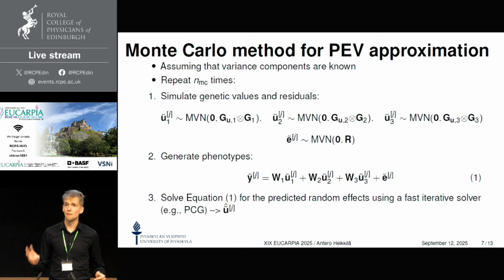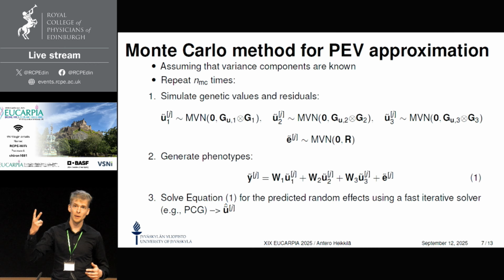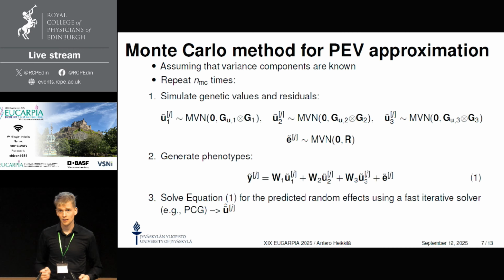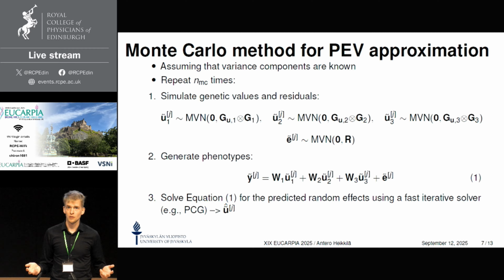Again, we have three genetic value groups to simulate because we have the hybrid breeding where we have the general combining abilities and then the specific combining abilities. We use the assumed distribution, and here the assumed distribution was the multivariate normal distribution.